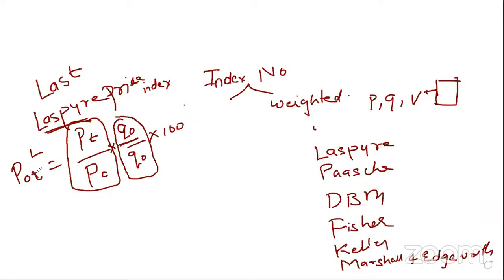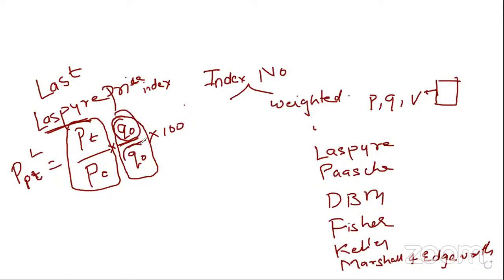If it is t, we write Laspeyres price index of t with respect to base 0, which is Pt by P0 into Q0 by Q0, where Q0 is the weight.